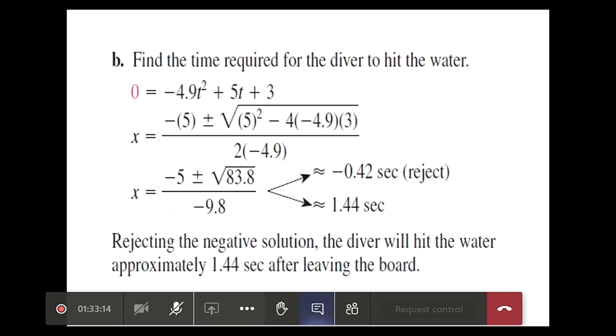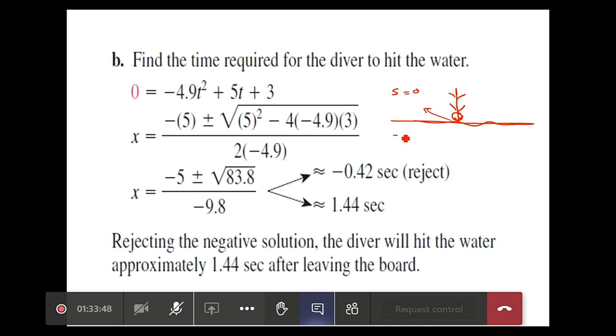Number 2, find the time required for the diver to hit the water. Okay, the diver hits the water vertically, so the diver here, and this is the water. So the distance between the diver and the water equals what? Equals 0. The distance, which is S, that we are calculating.